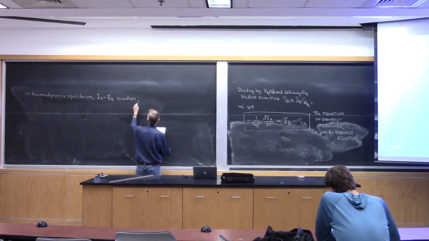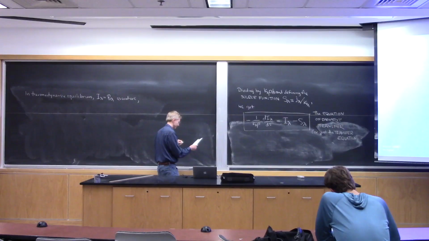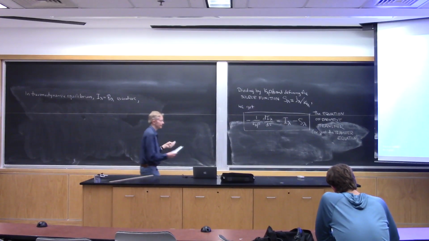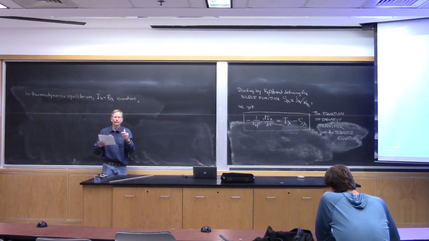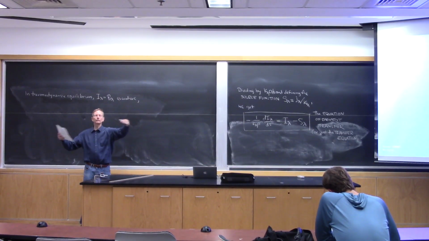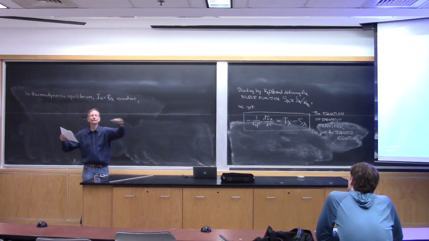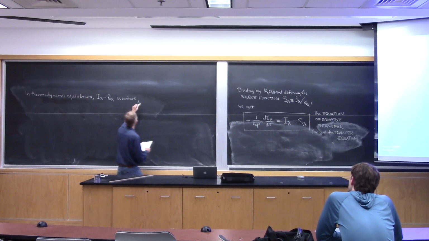So it must be, in that case, that di lambda ds is 0. It's not changing. If it's B lambda everywhere, if we're in a region of thermodynamic equilibrium, I lambda is constant, equal to B lambda along the beam.